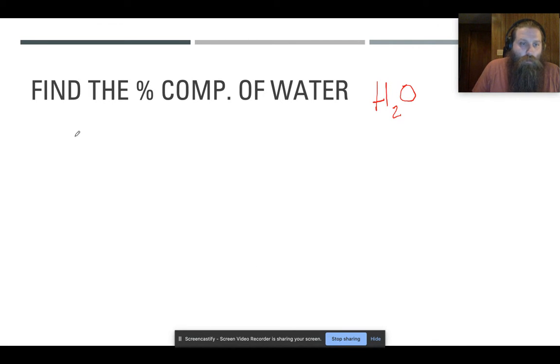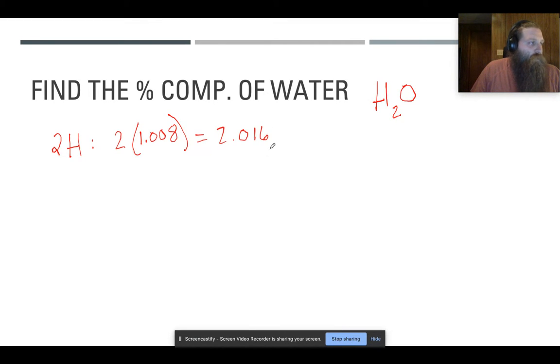And that means I need to find the mass of the parts. So I have 2 hydrogens. And from the periodic table, I know that the mass of hydrogen is 1.008. And so when I do that, I'm going to get 2.016 grams of hydrogen.